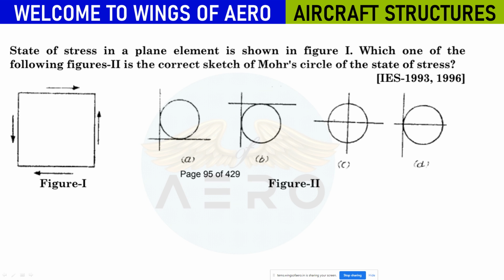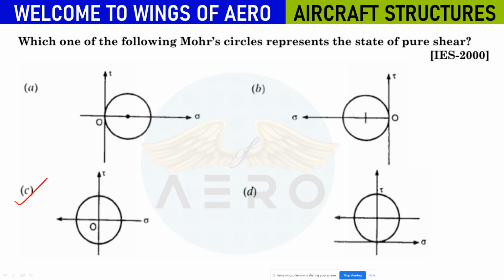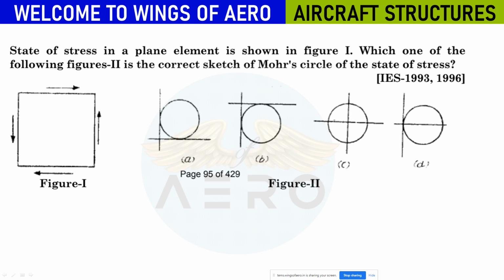Now this. C, ma'am. The same question. Exactly, option C. Pure shear. Previously, they just said the name, what is meant by it, and here they have shown the schematic diagram.